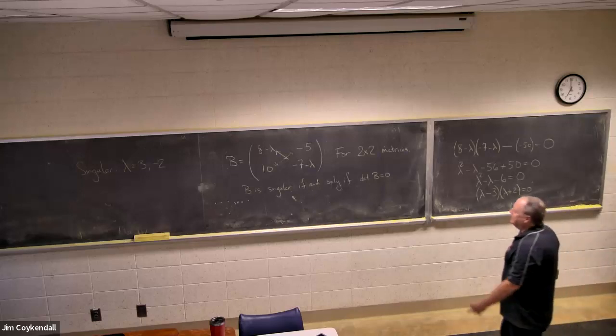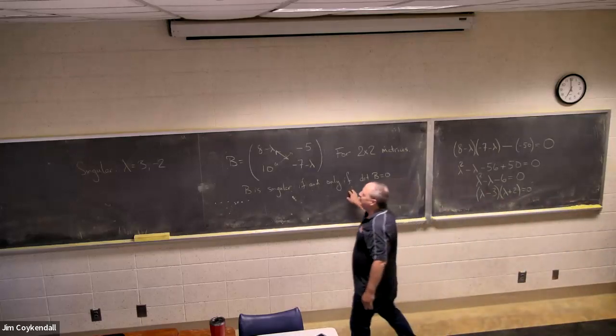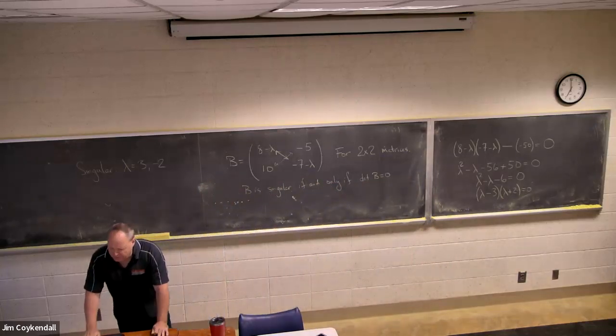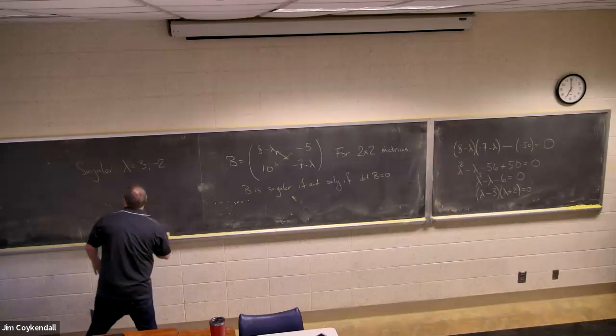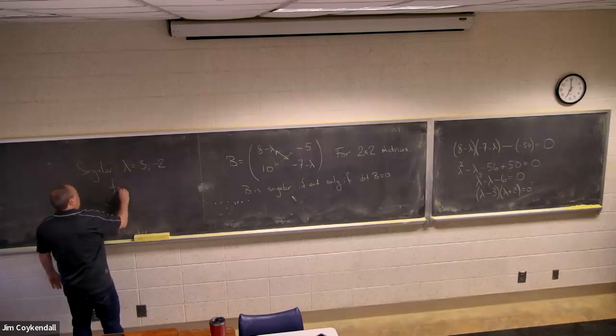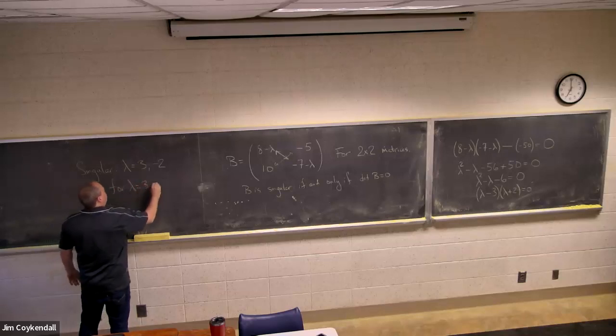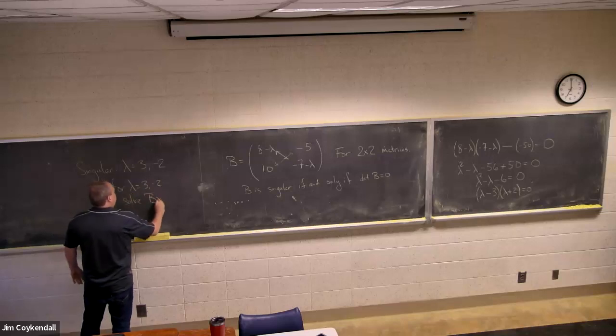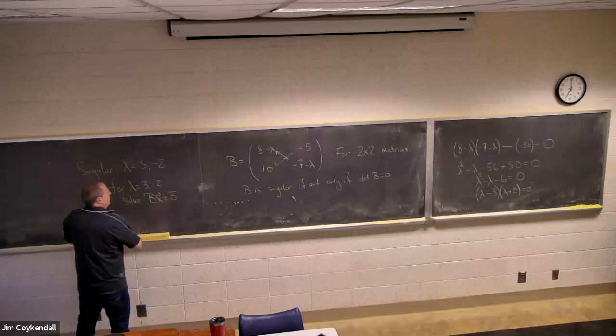Okay, everybody is fine so far on where we're at on this. By the way, I'm going to leave B up here, but we'll see why they're singular pretty quickly. The next part of the question says, for each value of lambda you found in part A, so 3 and minus 2, solve the homogeneous equation.